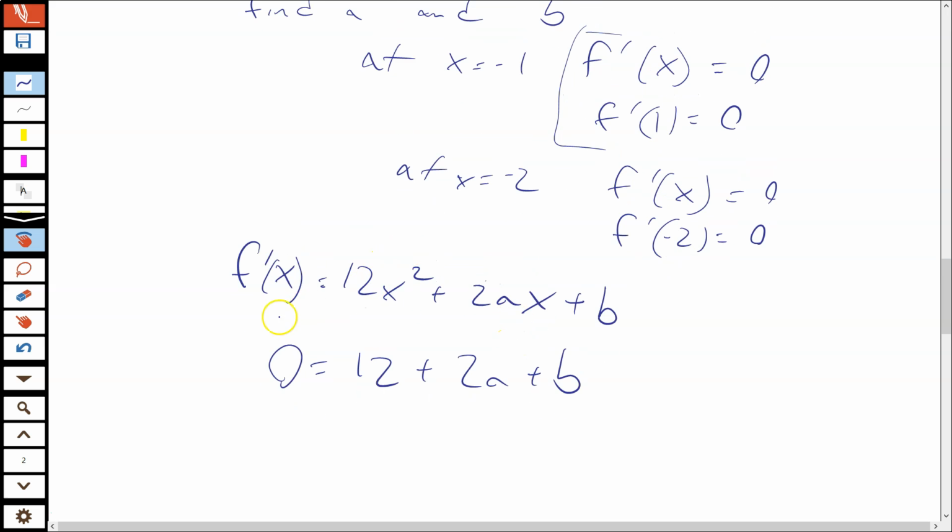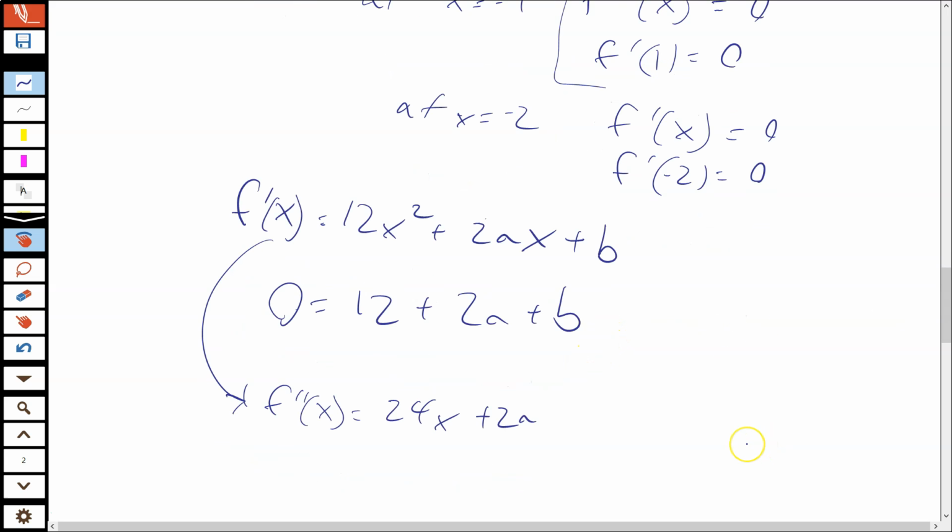Let's move on. So we'll keep that for now, and then we will take the second derivative. So f double prime of x, and we get 24x. The derivative of 2ax is just 2a. And then the derivative of b is 0, just like the k before, right?